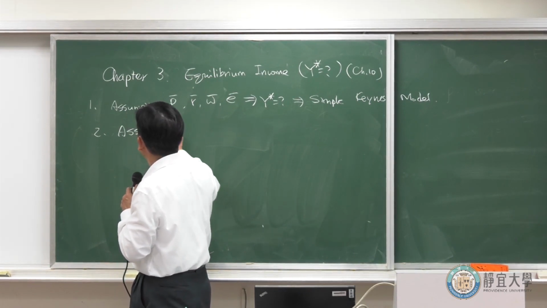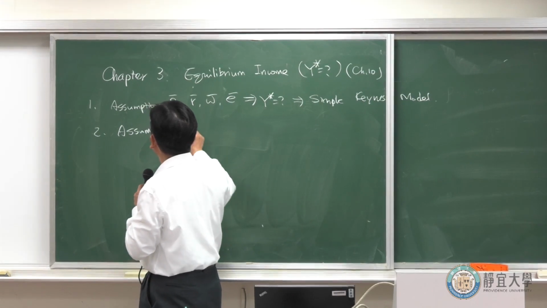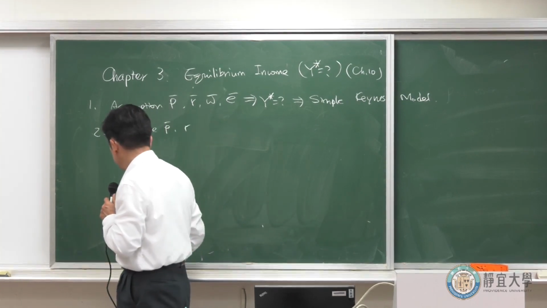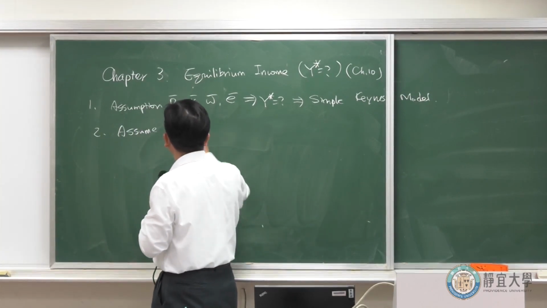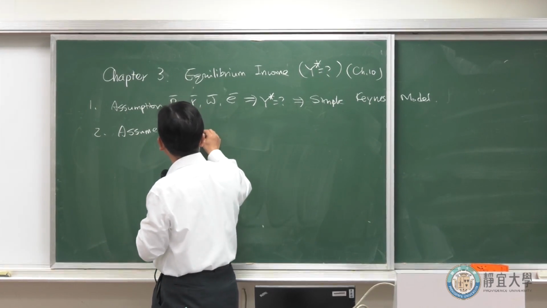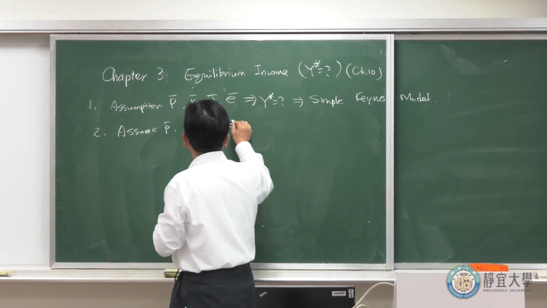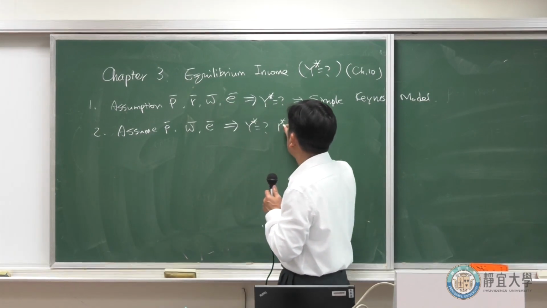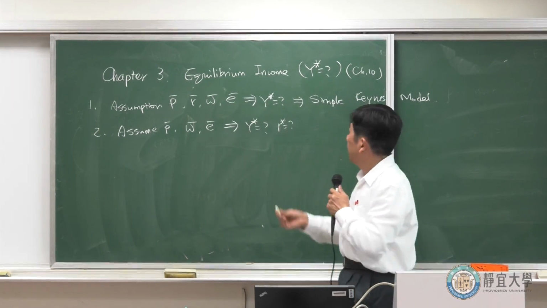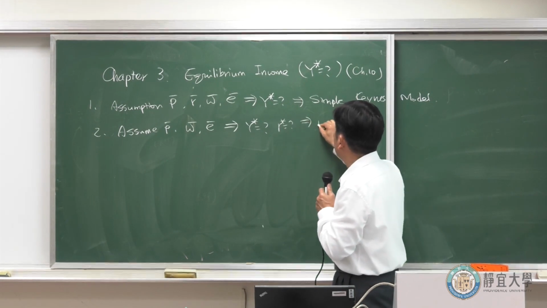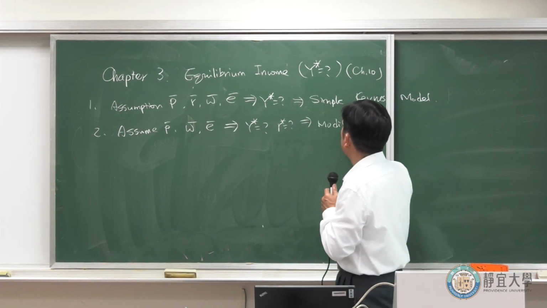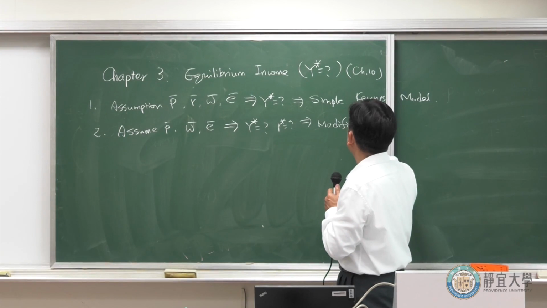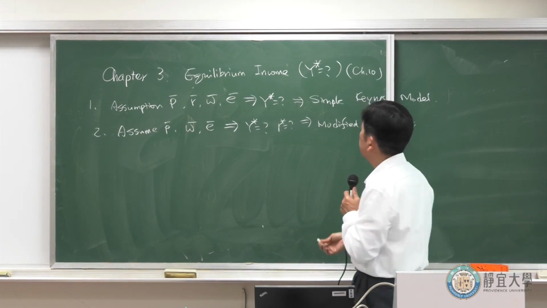The second one, we only assume P constant, W constant, and E constant. Then we want to find what Y star and R star equal. This one we call the modified Keynes model.